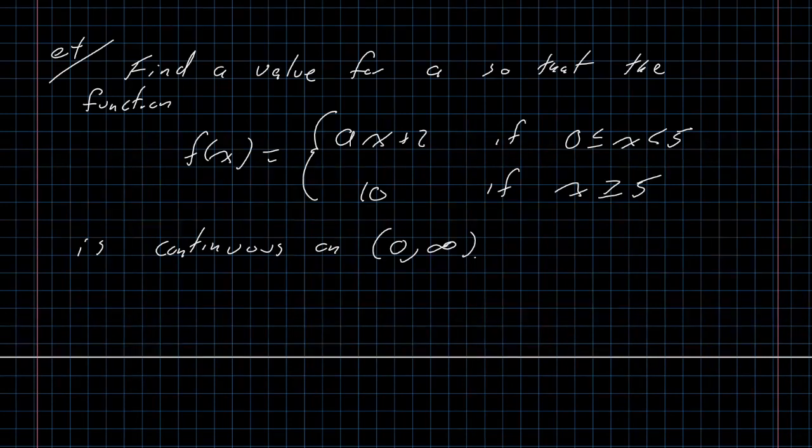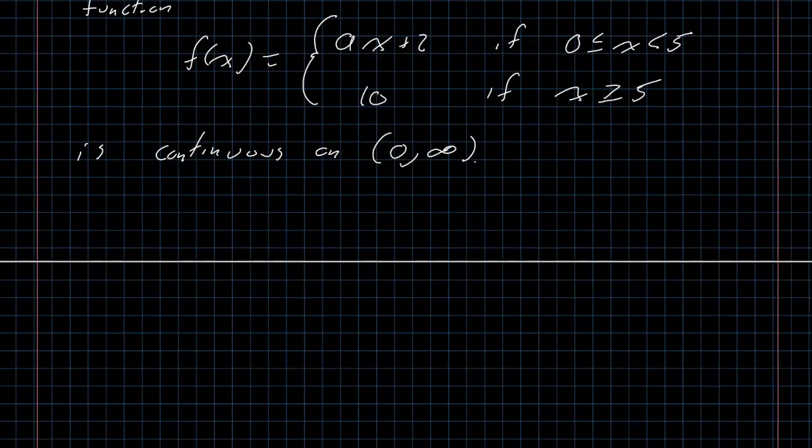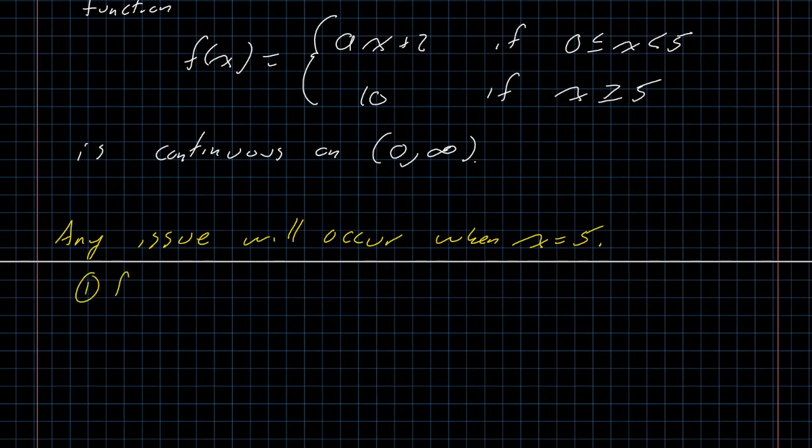And so we need to make sure that at x equals 5, we need to figure out what is the value of f of 5, and the value of f of 5 is 10.